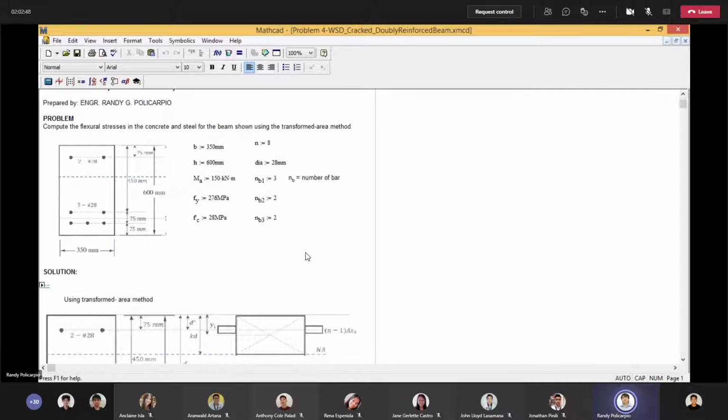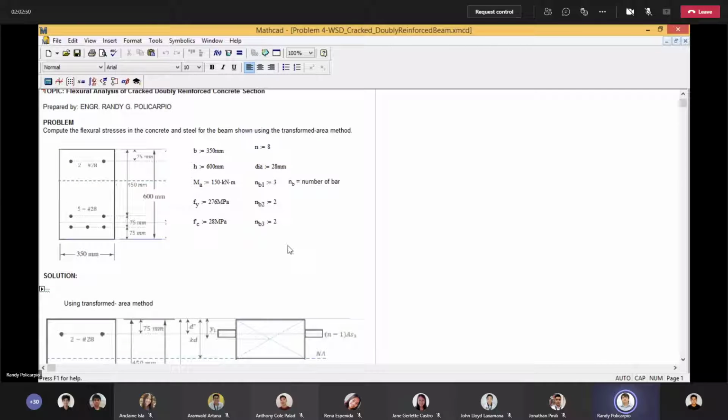Okay? So ngayon ito yung given problem. So doubly reinforced. The given acting moment is 150. The tension reinforcement is given in two layers: 3 number 28 in the first layer, then 2 number 28 in the second layer.